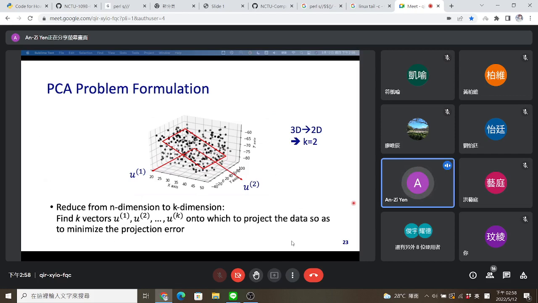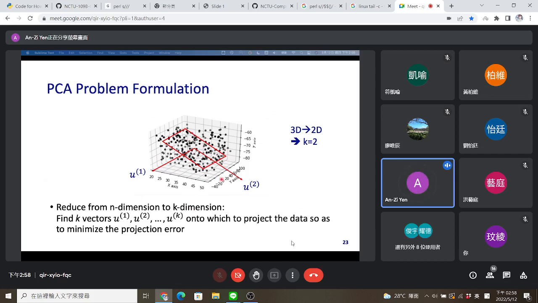So finding a k-dimensional surface is like finding a 2D surface in this case, like in these figures. And we can define the position of a point in the plane using k directions.